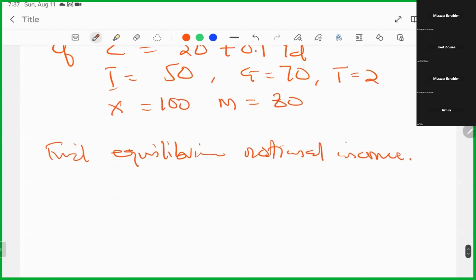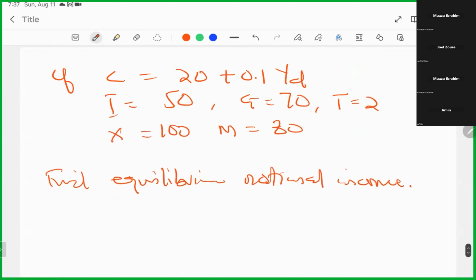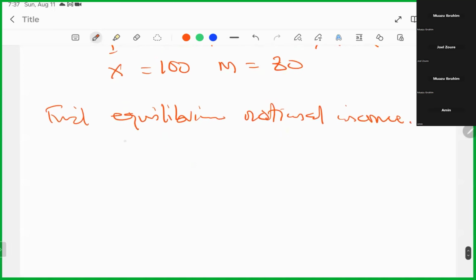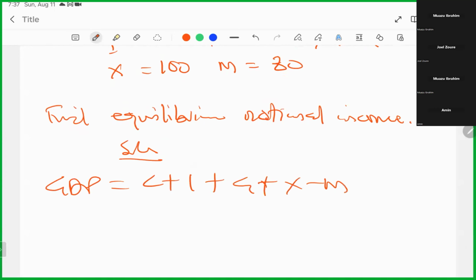So if I ask to find the equilibrium national income, given this particular case, you will know that our GDP would be C plus I plus G plus export minus import.